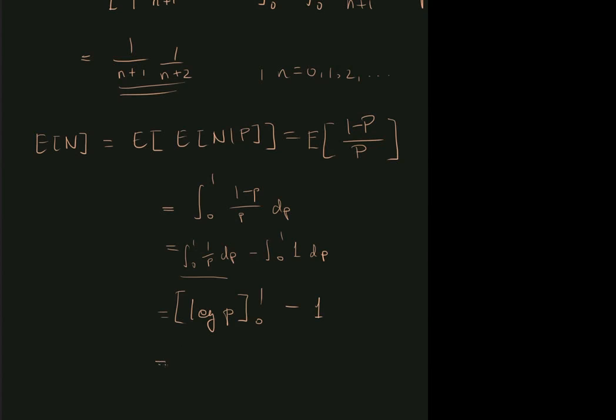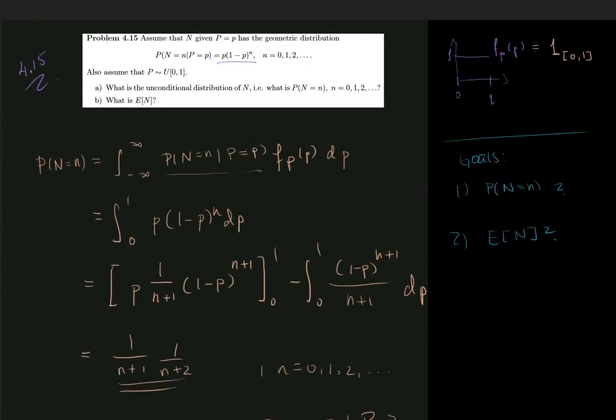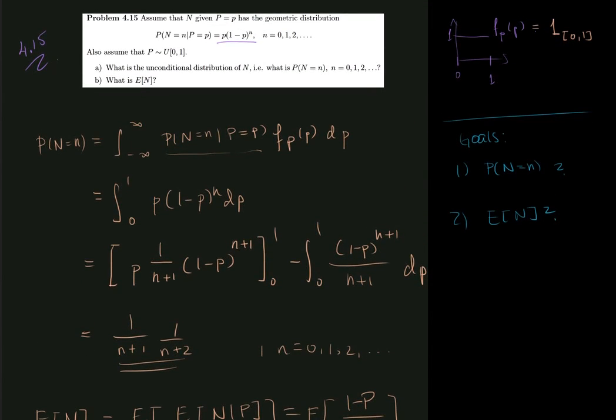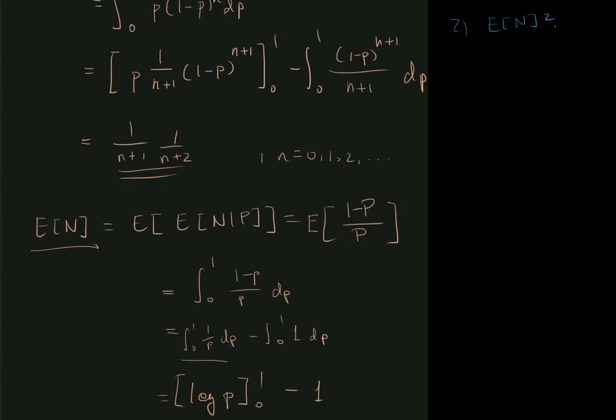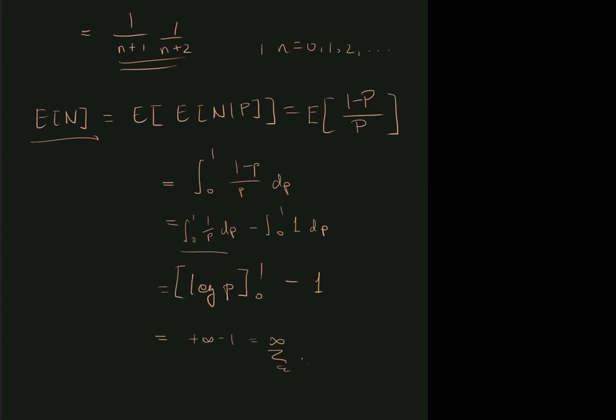Now what happens here is we get the log of 1, which is 0, minus log 0, which is plus infinity, minus 1, and this is infinity. So that means that N has mean value infinity. And that is okay. We can say that N has mean value infinity because N only takes on non-negative values, which means it's okay that its expectation is infinity.